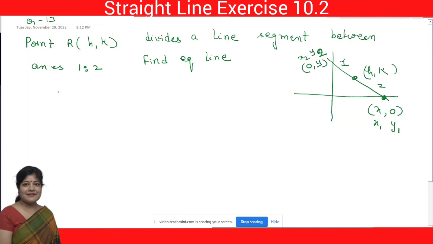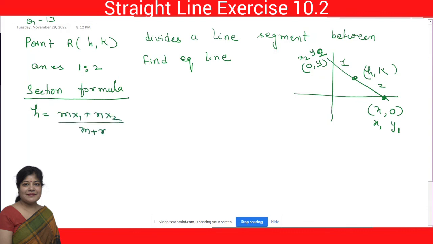But now in order to find h and k, we use the section formula, not the midpoint formula. That is, the value of h is (m x2 plus n x1) over (m plus n).